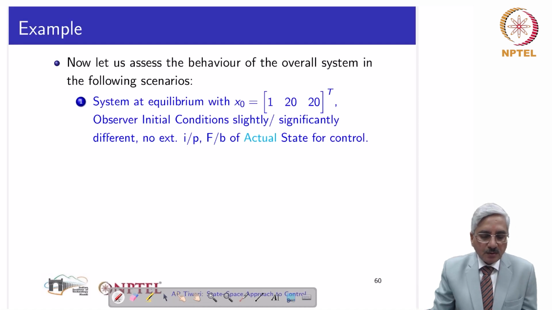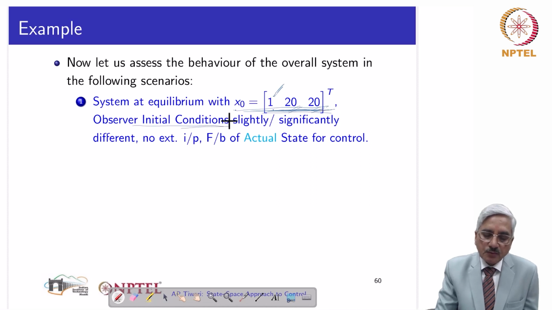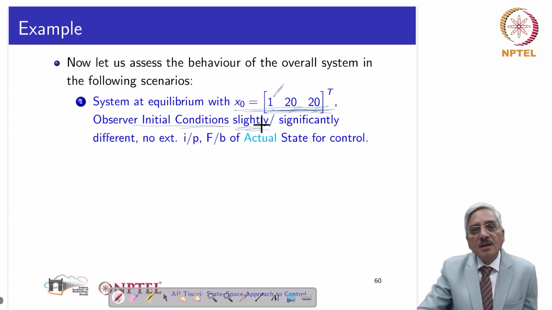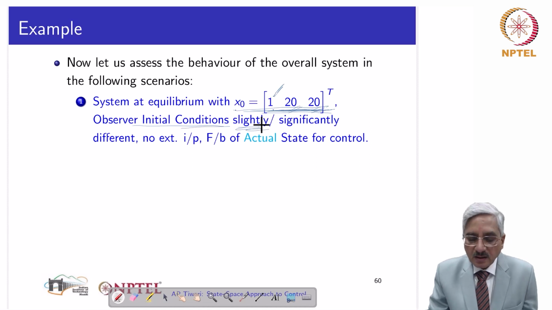So we consider the typical 4 types of situations. The first one, I had spoken about it earlier, is that for that system this is the equilibrium. x10 is to be arbitrarily chosen, and x20 and x30 come from x10. So this is the equilibrium of the system, 1, 20, 20, with the input 0. With 0 input, this is the equilibrium. And for observer initial conditions, we assume 2 scenarios. In one scenario, the observer initial condition will be only slightly different from the system initial condition.